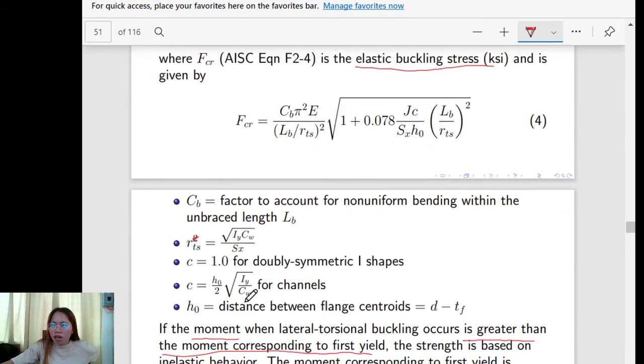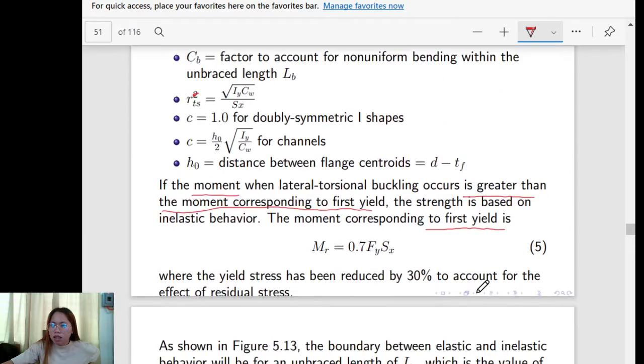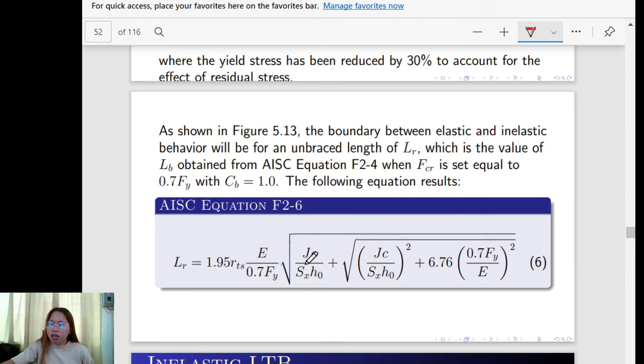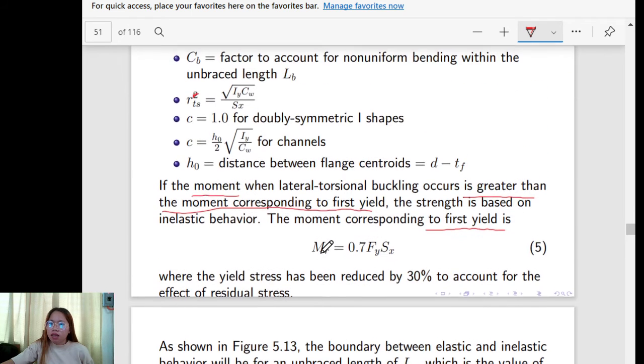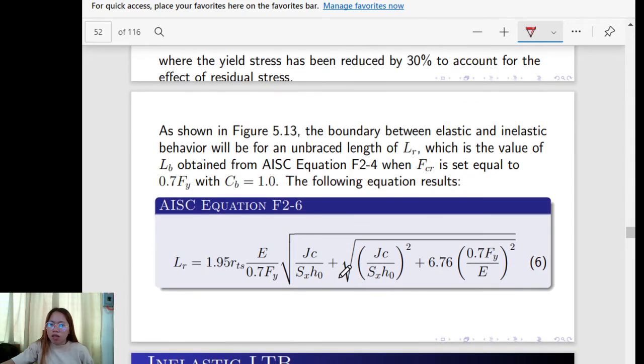the L sub r, which is this condition, no? The first yield is equal to this formula, times E over 0.7 Fy times the square root of J c over the elastic section modulus times h sub 0, where c is 1.0 for doubly symmetric I shapes, and for channels, this equation.